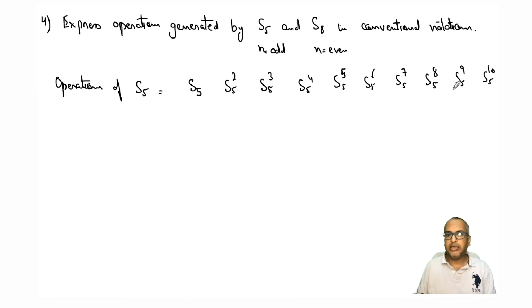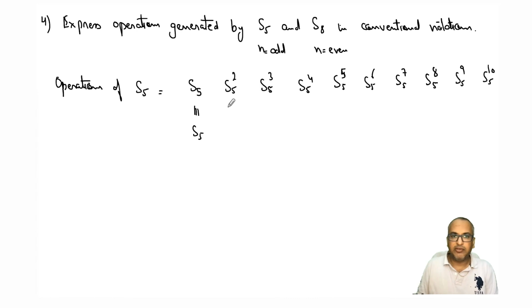We have earlier seen that only when we hit Sn raised to the power 2n will we hit E, otherwise we will not hit E. So we have to keep going at least up to the 2n part.